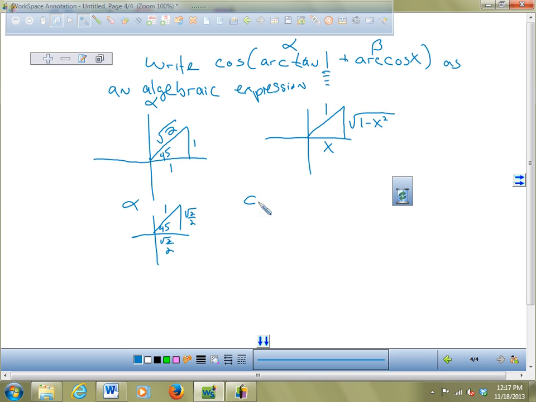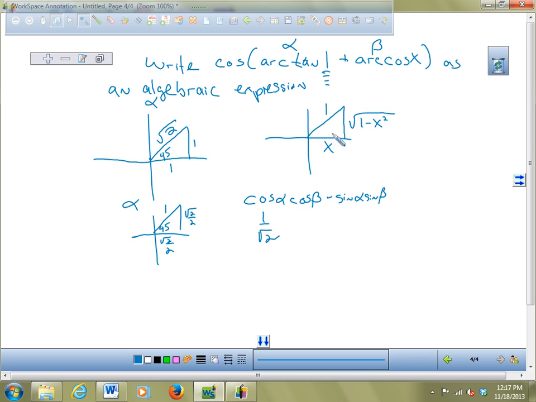So I want cosine alpha cosine beta, I like alphas and betas better, okay? Minus sine alpha sine beta. Let's not trash this yet, okay? And then we're just going to plug in the numbers. If I look at my alpha picture, cosine alpha is 1 over root 2.